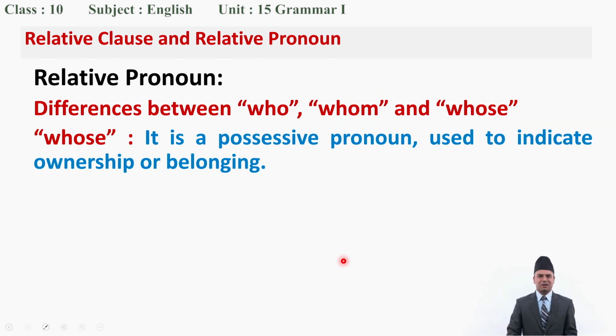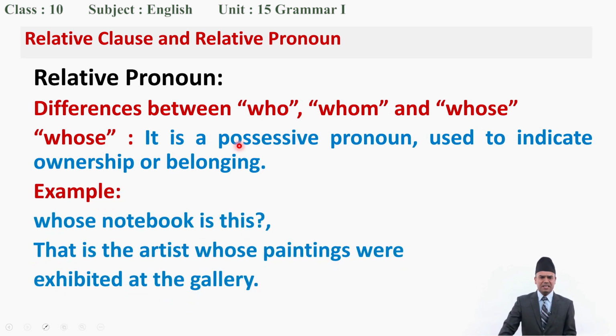Let's see another relative pronoun, whose. It is a possessive pronoun. Do you know possessive, my dear students? Possessive means belonging, possessive of a person: my house, your house, his. These are the possessives, okay? It is used to indicate ownership or belonging related to a person.